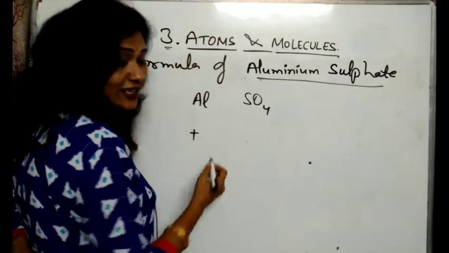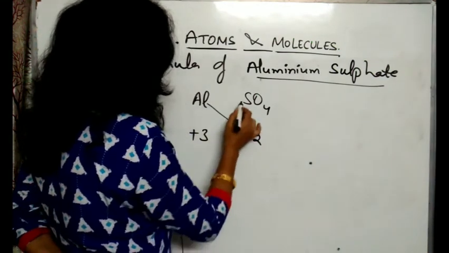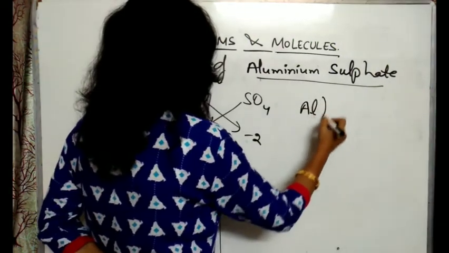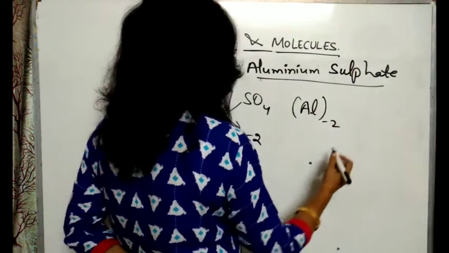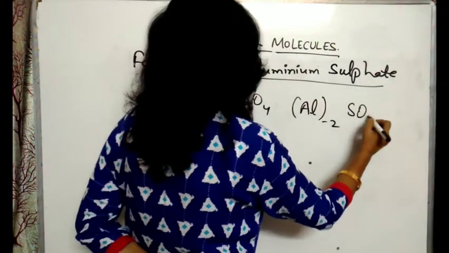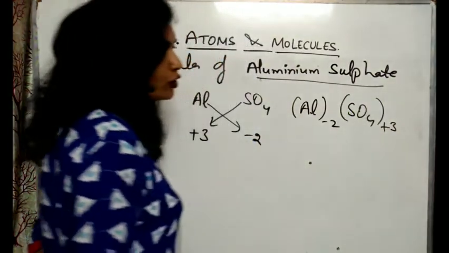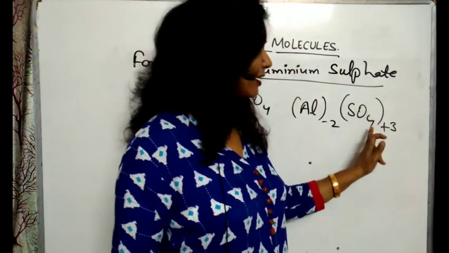Aluminium has valency plus 3, sulfate minus 2. Cross over the valency, and write these valencies by putting the brackets: Al minus 2 and SO4 here plus 3. You can see here is a bracket, we have put the bracket.